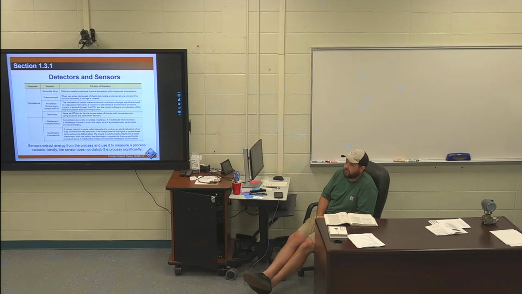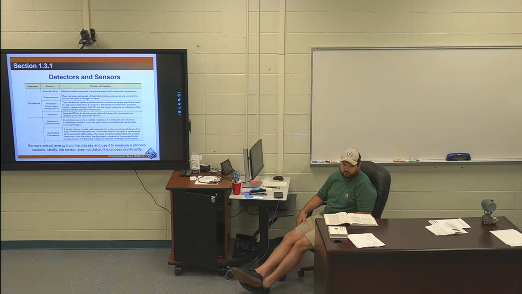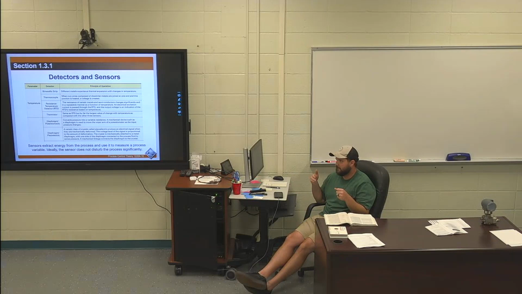So all detectors are going to interfere with the process somewhat. Like we've talked about an orifice plate, right? An orifice plate can be used to measure flow because it puts in a pressure differential in a pipe. Everybody remember what an orifice plate is? It's the plate with the little circle in it.